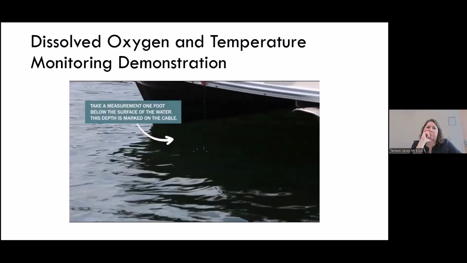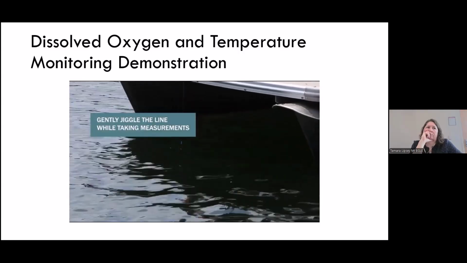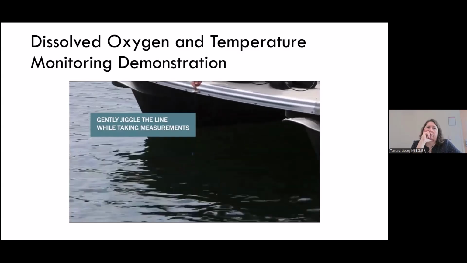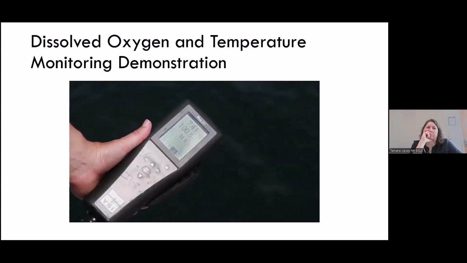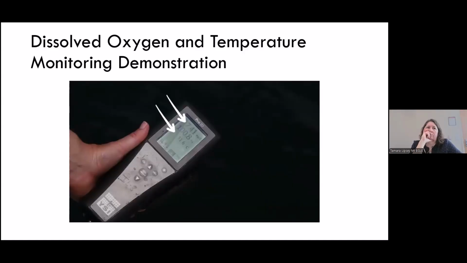This depth will be marked on the cable of the dissolved oxygen temperature meter. It will take a few moments for the readings to stabilize, especially the dissolved oxygen. Once readings stabilize, record the temperature in degrees Celsius and the dissolved oxygen in milligrams per liter.